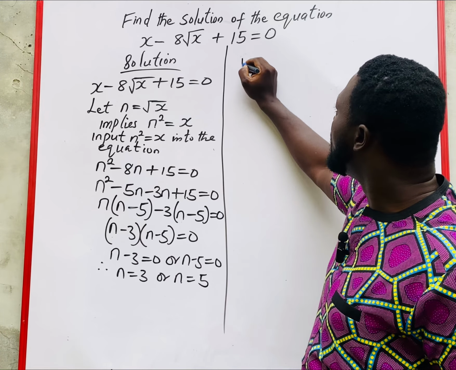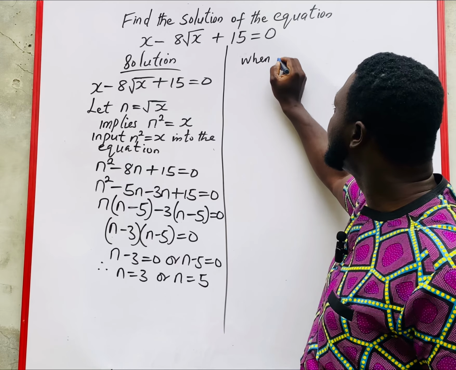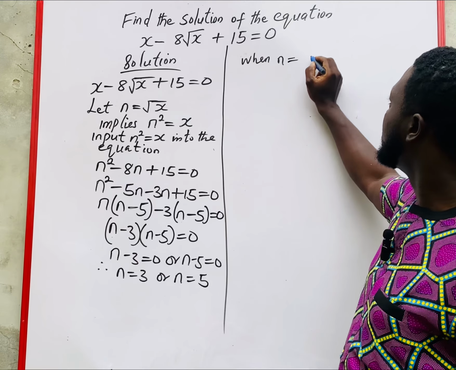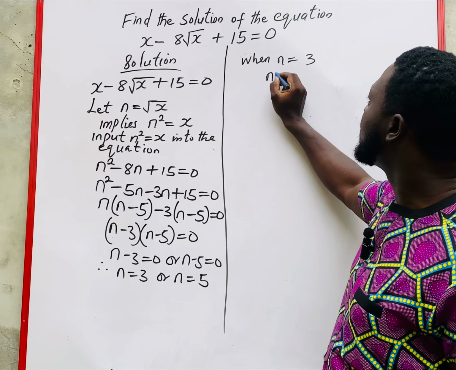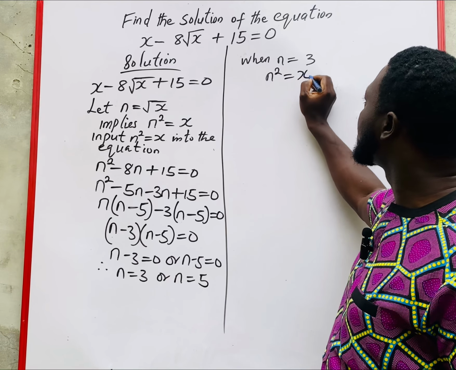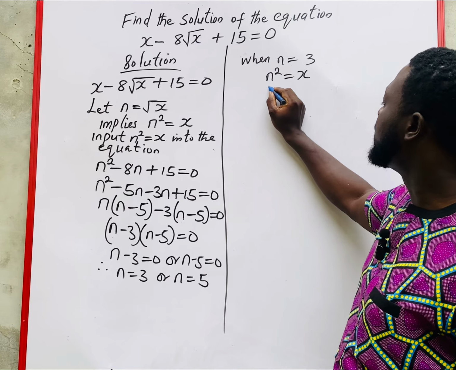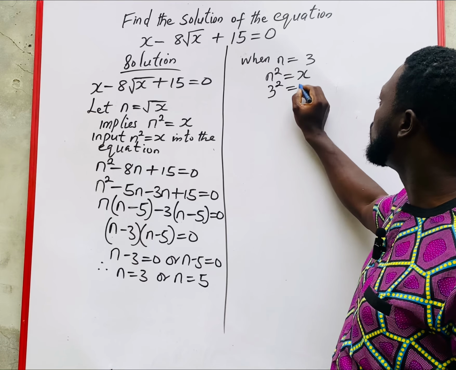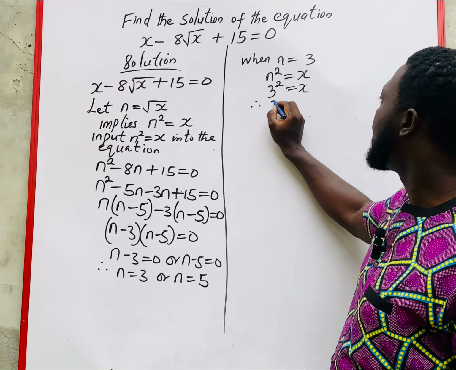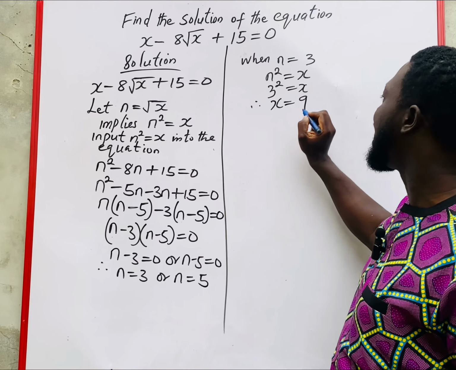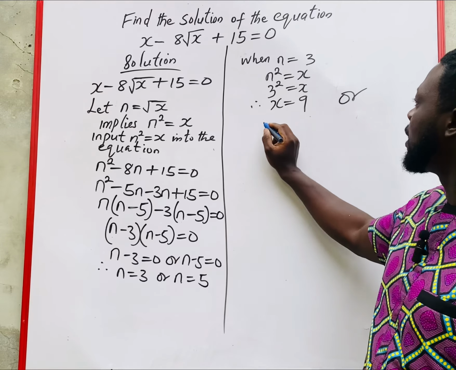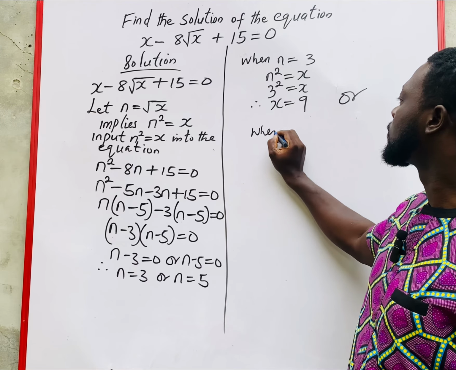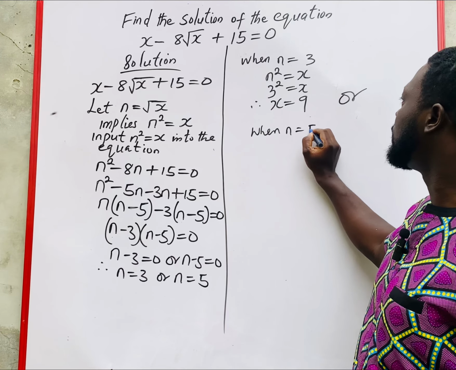You say when n equal to 3, we have that n squared equal to x. So where you see n, you put 3. You have 3 squared equal to x. So therefore, x is equal to 9, right? Or we'll go for the second one when n is equal to 5.